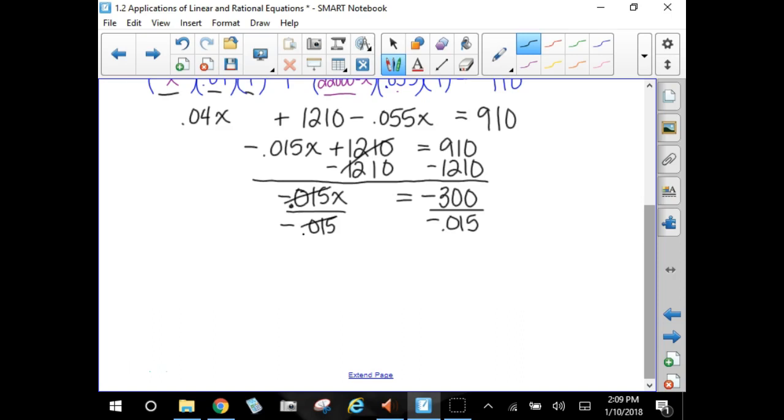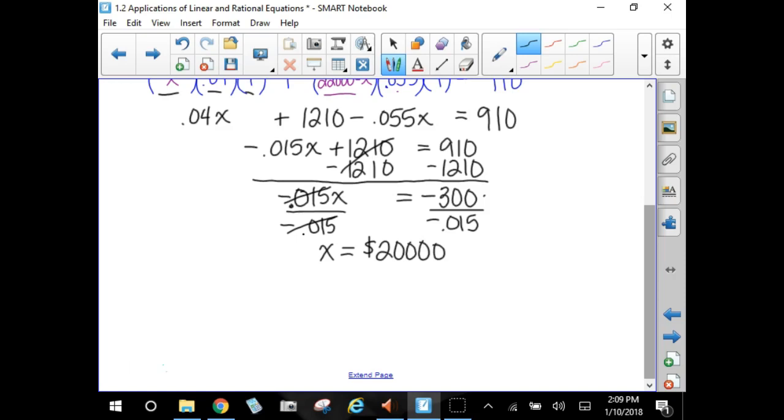Leaving us with X on the left-hand side, which is, again, amount borrowed at 4%. When you take negative 300 divided by negative 0.015, that is a positive 20,000.